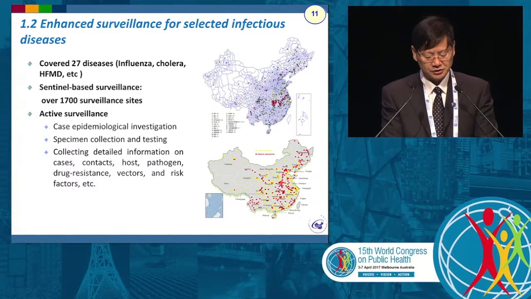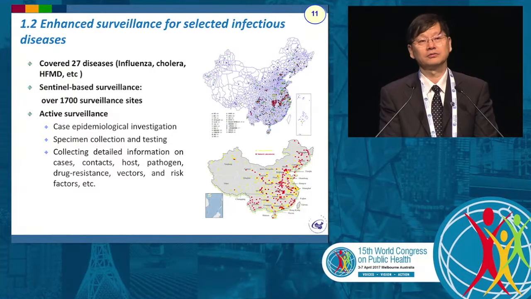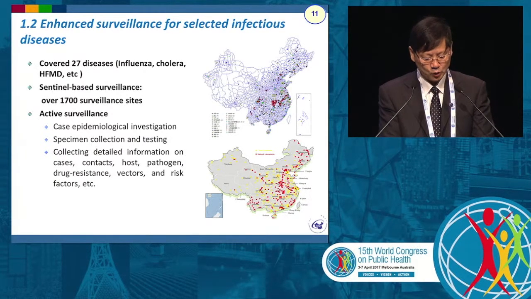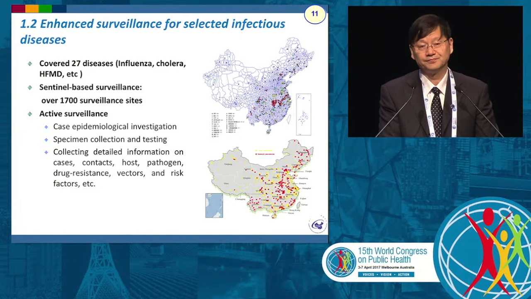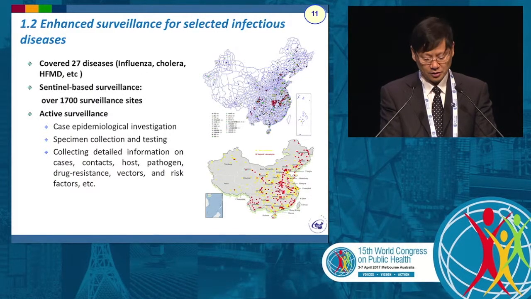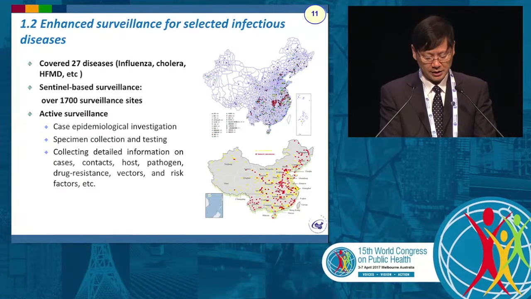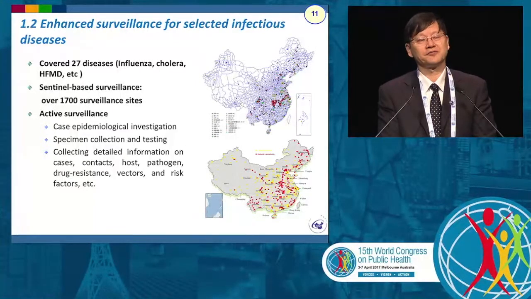This system consists of over 1,700 surveillance sentinels throughout the country, and actively carries out case epidemiological investigation, specimen collection, and lab testing. We further collect detailed information about the cases, contacts, host, pathogen identification, drug resistance, vectors, and some risk factors, and so on.